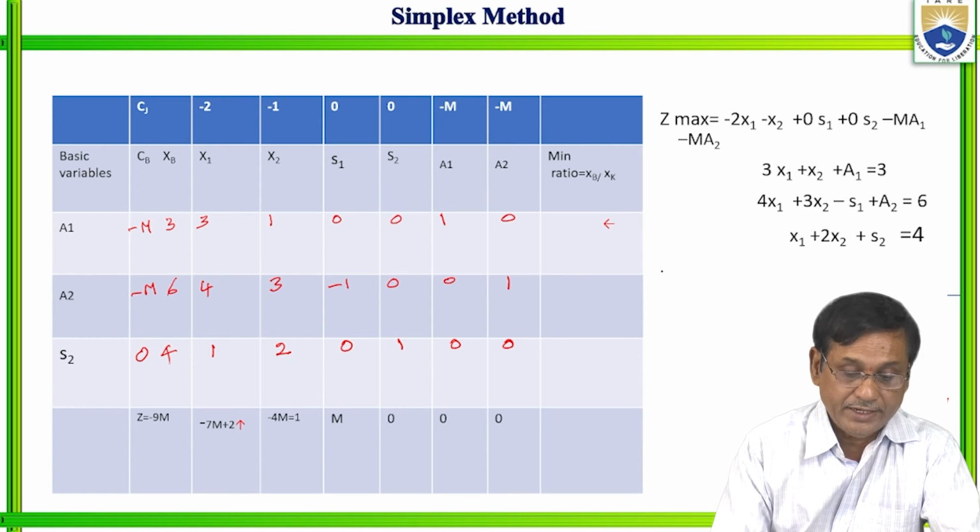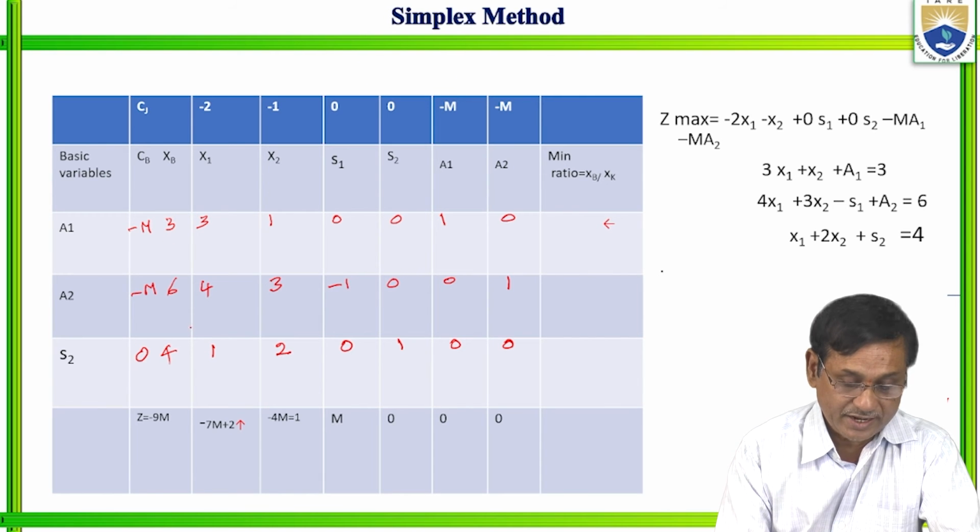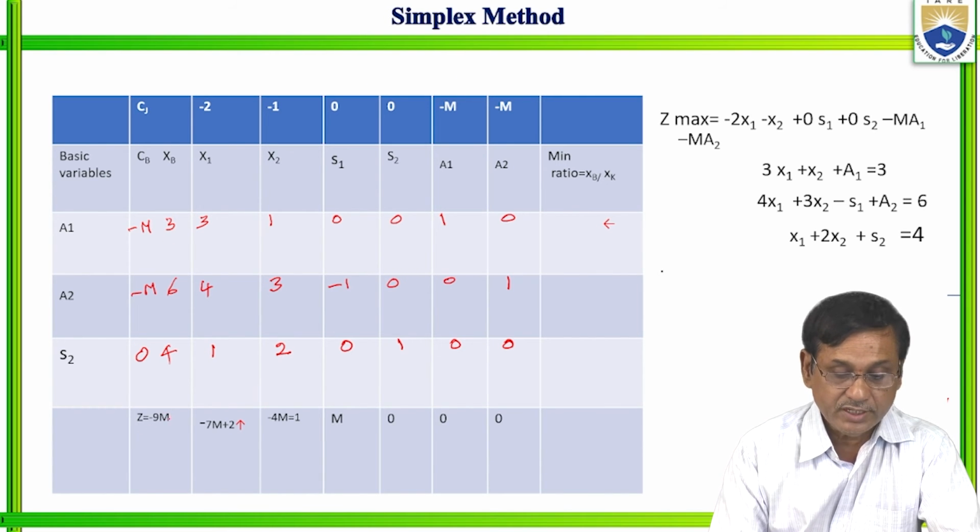Now we have to find out the z value and delta values. Z value is -M into 3, -3M, plus -M into 6, -6M, so that it is -9M. So the same thing is written here, z is equal to -9M.